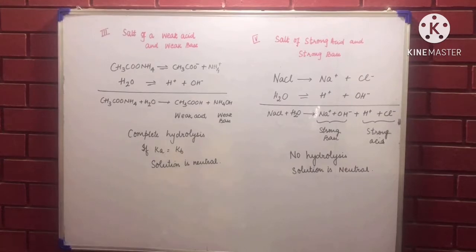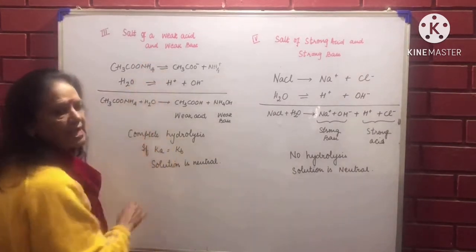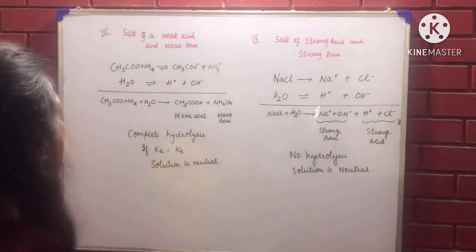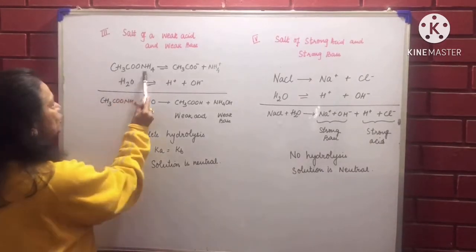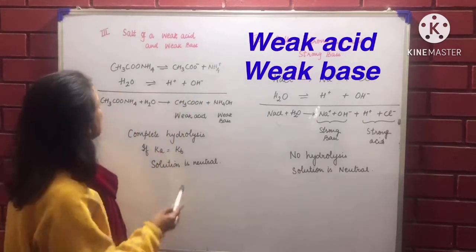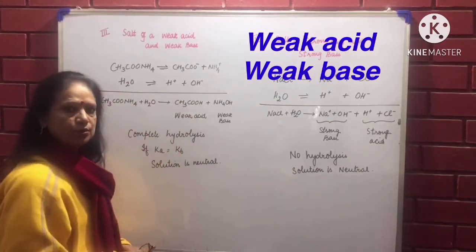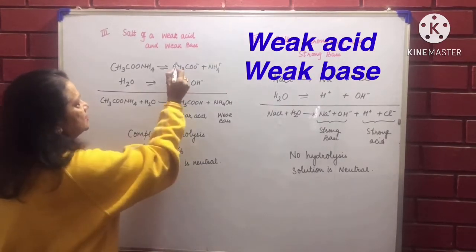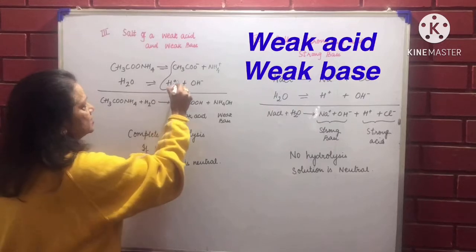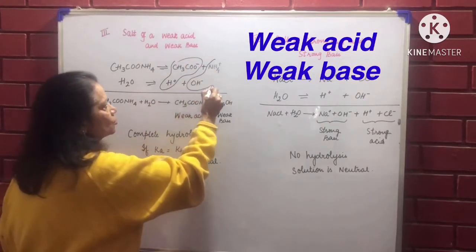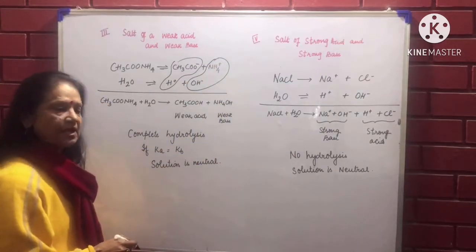Now the third category could be salt of a weak acid and a weak base. If I take, say, ammonium acetate, it gives acetate ions and ammonium ions. Water gives H plus ions and OH minus ions. Acetate ions combine with H plus ions to form acetic acid. Ammonium ions combine with OH minus ions to form ammonium hydroxide.